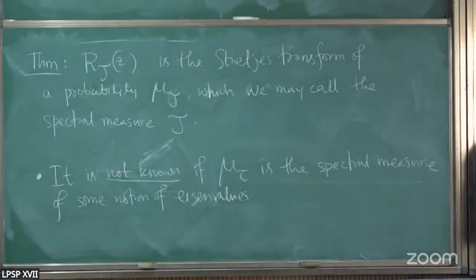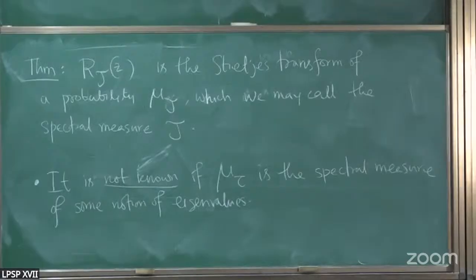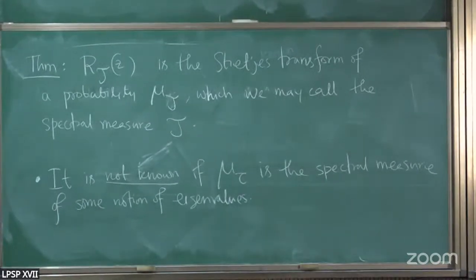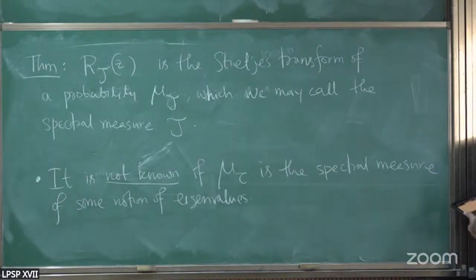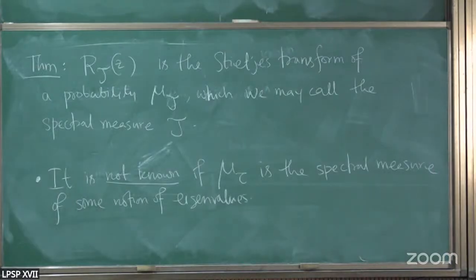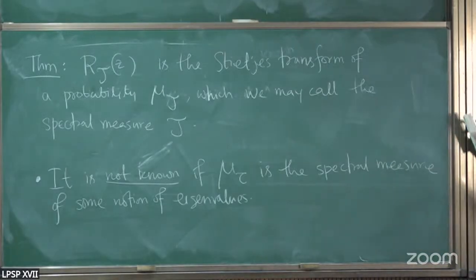But you can study it. We don't know, for instance, that it is compactly supported, or whether the right endpoint will converge to the right endpoint of the limiting measure.